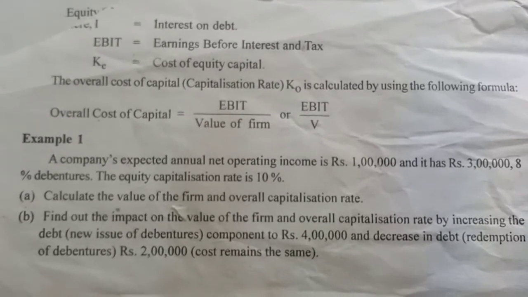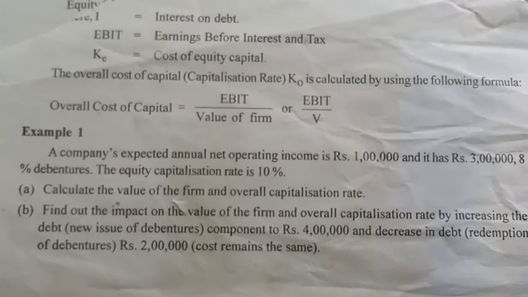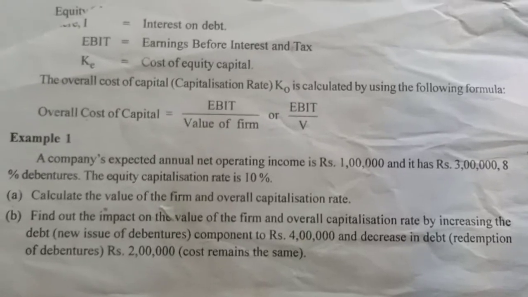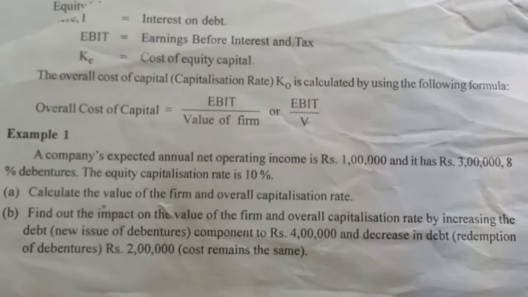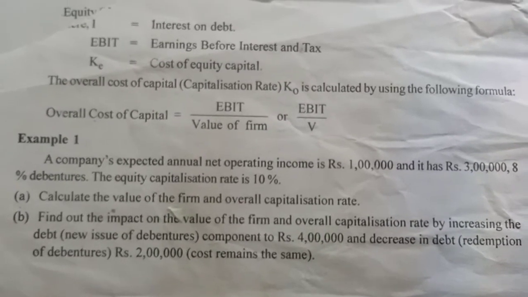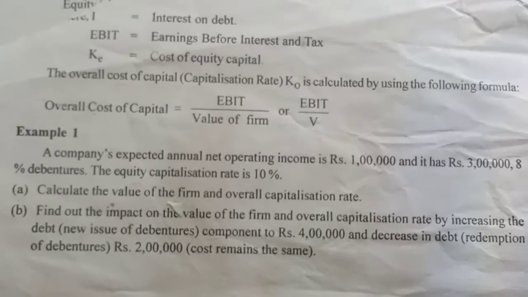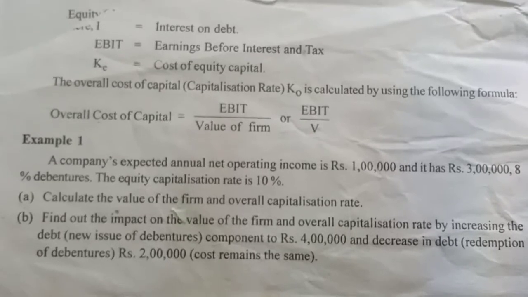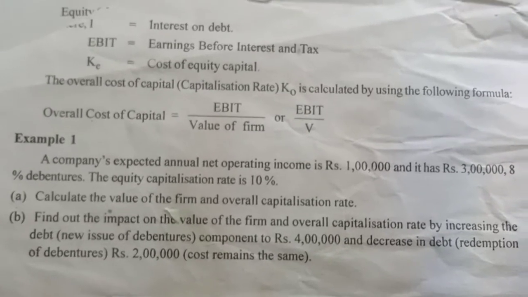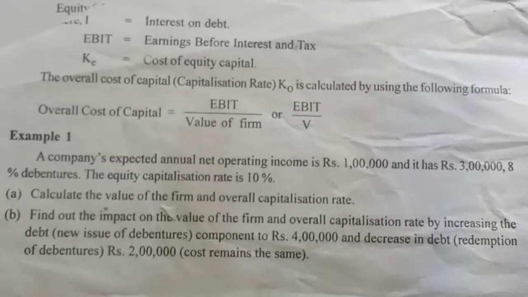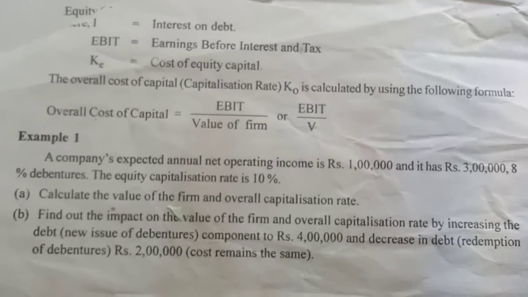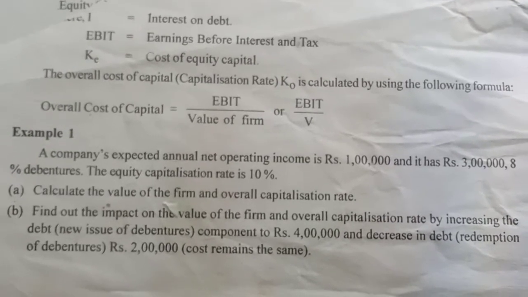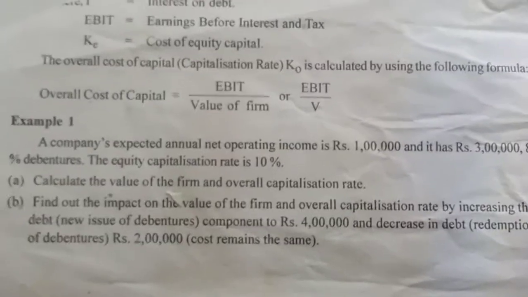The equity capitalization rate is 10%. Question number 1, calculate the value of the firm and overall capitalization rate. Number 2, find out the impact on the value of the firm and overall capitalization rate by increasing the debt, a new issue of debentures of rupees 4 lakh, and decreasing the debt, redemption of debentures of rupees 2 lakh, cost remaining the same. This is the question.